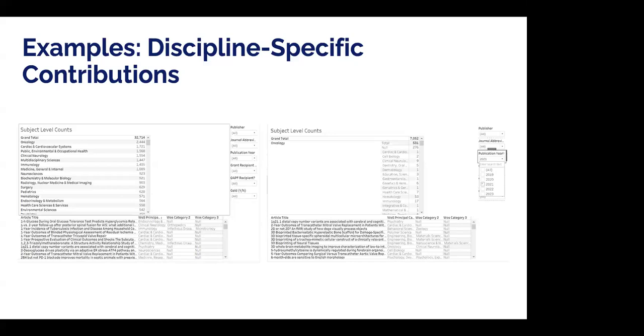You don't see that here, but I happen to know that when you expand oncology, you see that a lot of the second level publishing is in the radiology category, surgery. And so that's all part of the story.